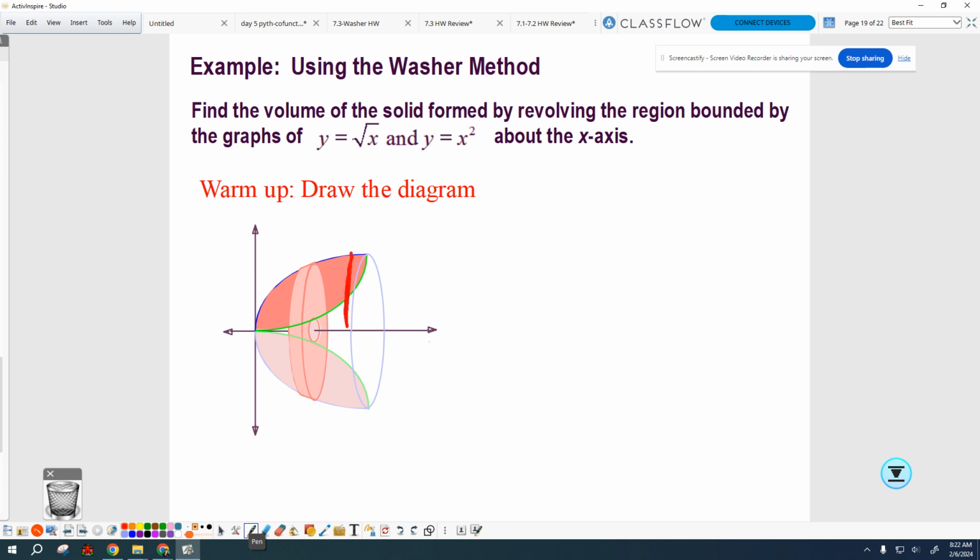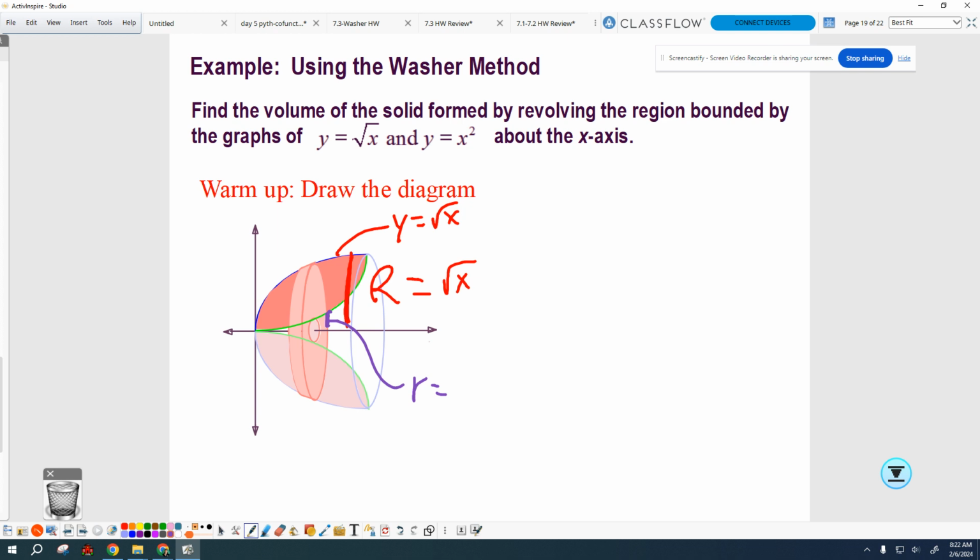Can anyone tell me what the equation for the large radius is? What's the distance to the furthest away curve, the curve that's on the top? It is square root of x. And what's an equation for the little radius that we need to drill the hole?